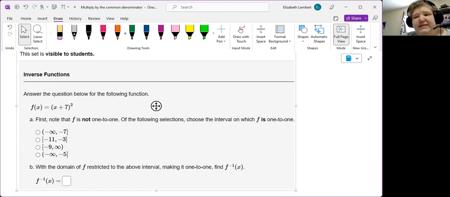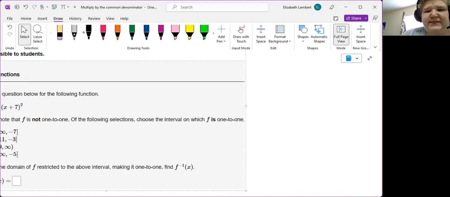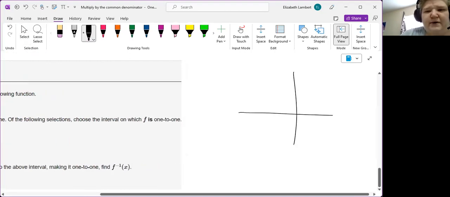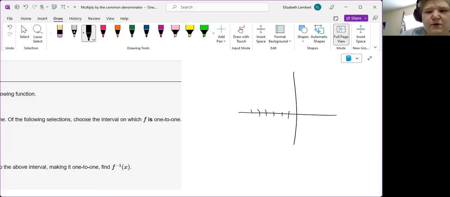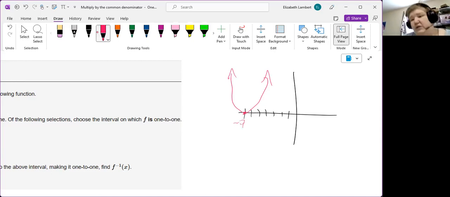If you take a look at this, this is a normal parabola, but it's shifted over to negative 7 on the x-axis. So let me just sketch you a picture of that real quick. There we go. So not the best picture, but that is what it looks like roughly.